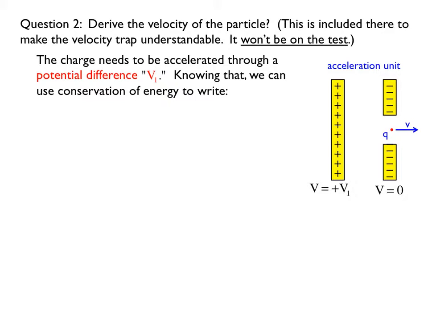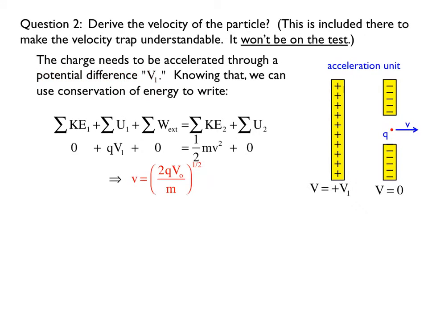That positive charge is accelerated through this potential difference, which is what gives it its velocity. As work is done on the charge, we can use energy considerations to analyze the situation. If we write out the conservation of energy for the situation, we can solve for the velocity that the particle will have when it leaves the acceleration unit.